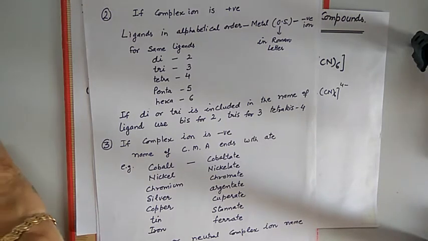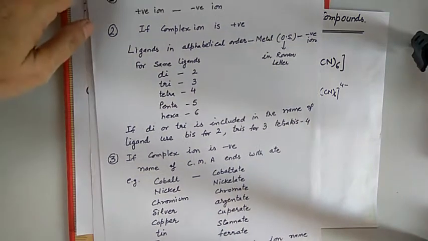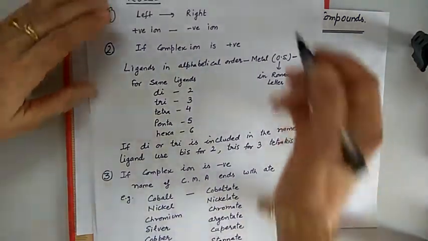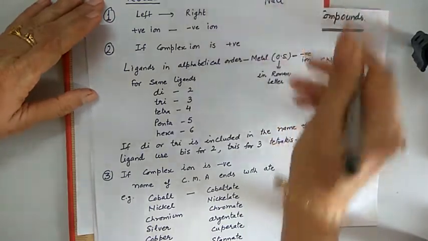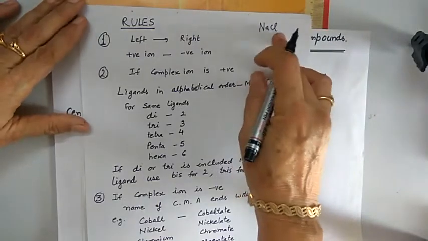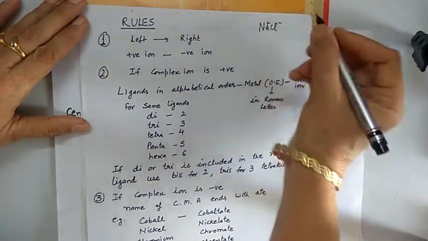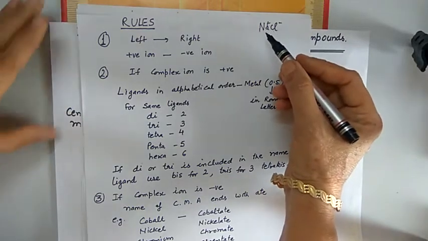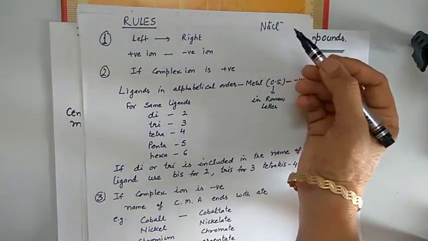The very important first rule that you all know: if we have any compound, say NaCl, the formula is given as NaCl. What do we write? Sodium chloride. Sodium is positive and chlorine is negative. We always write the positive ion first, then the negative ion.